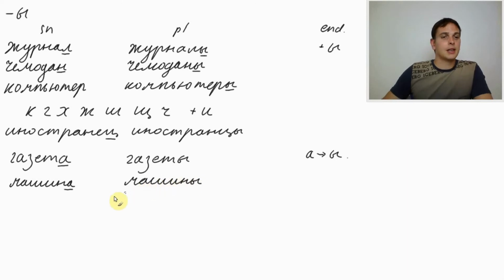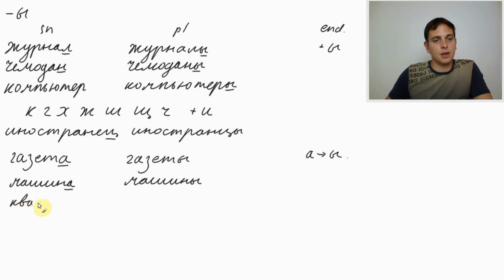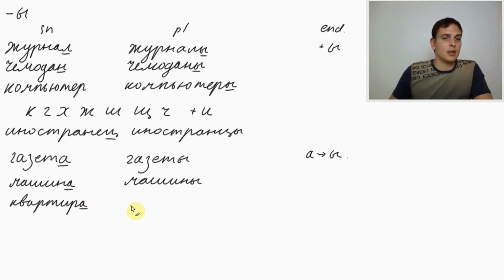Квартира. Квартира is apartment, flat. Ends in A. To create plural, we just need to replace it with "ы". Квартиры, apartments.